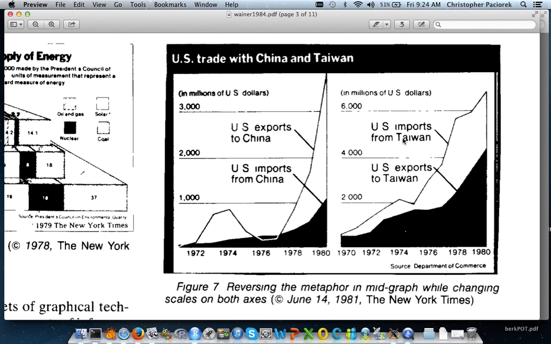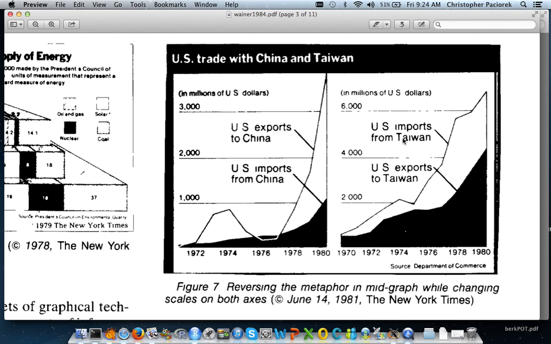It looks like the left panel has exports in the line and imports in the dark black. But on the right-hand side, they change the theme of the graph, and they have exports in black and the imports in the white line, which makes it much more difficult to compare across the graphs.